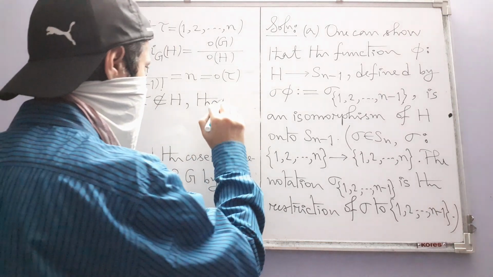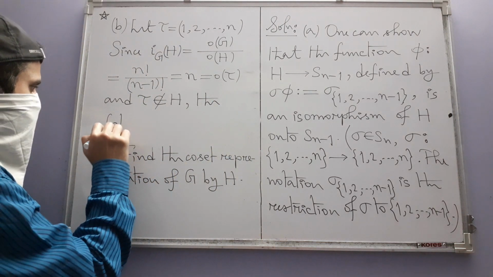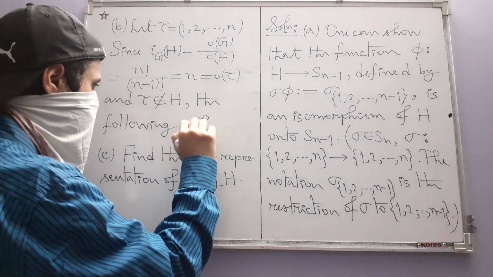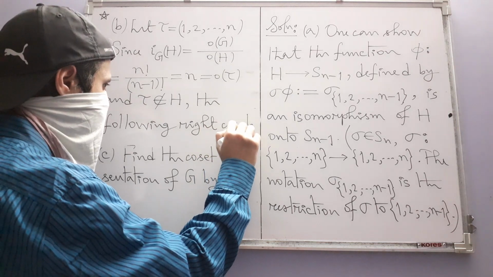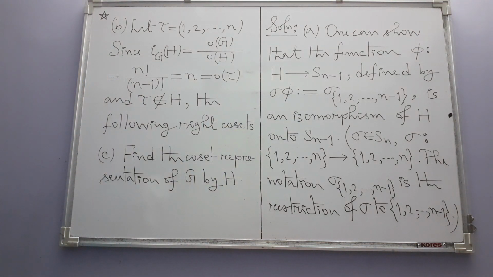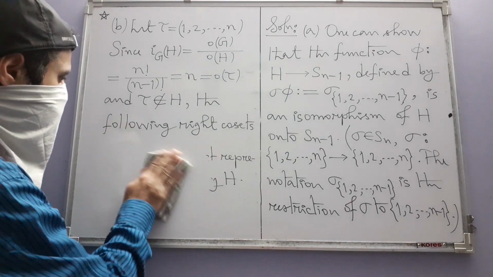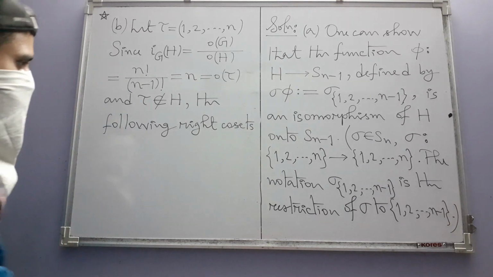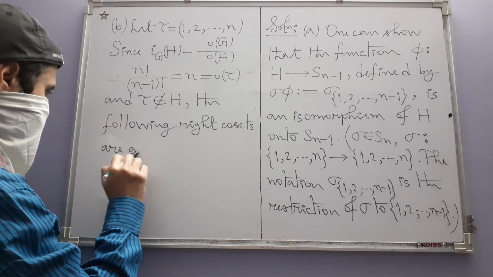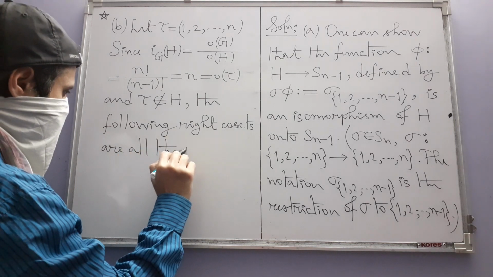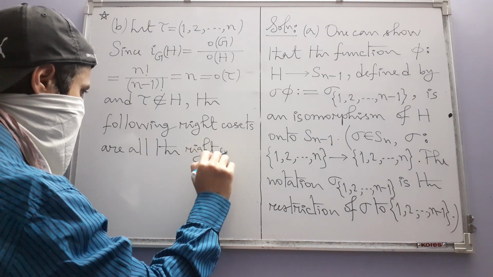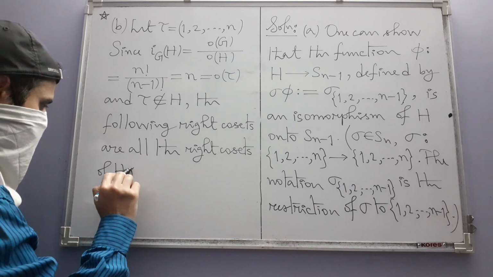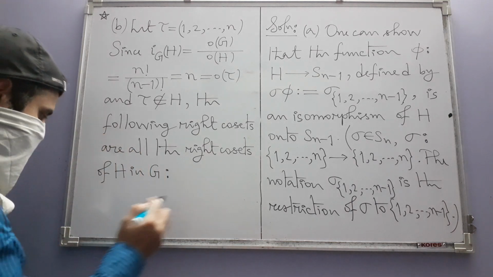The following right cosets are all the right cosets of H in G, and they are these.